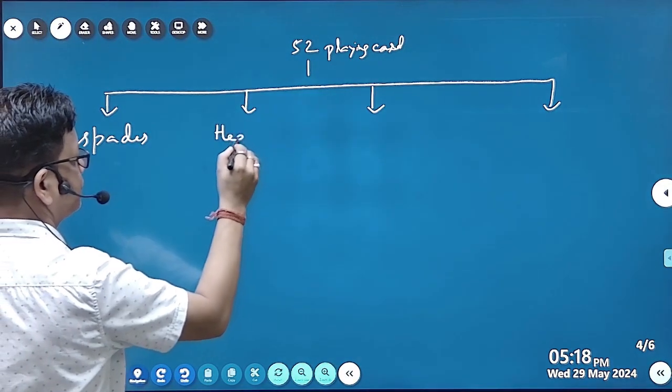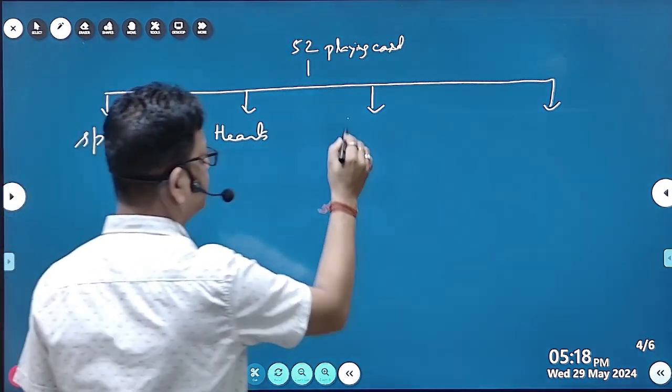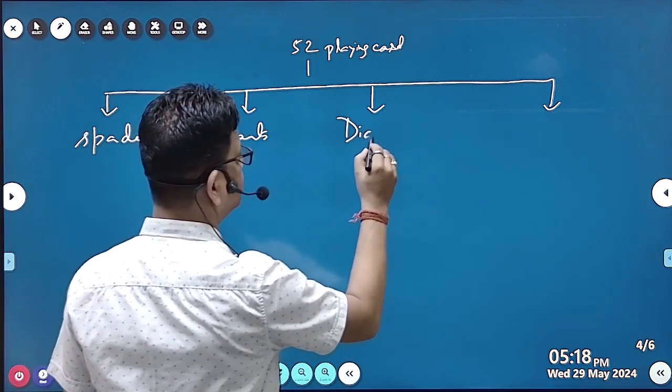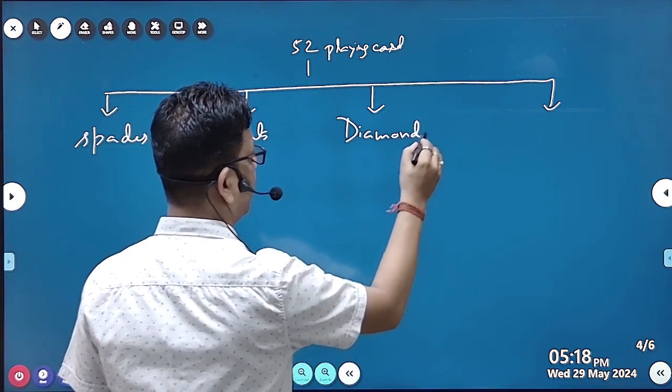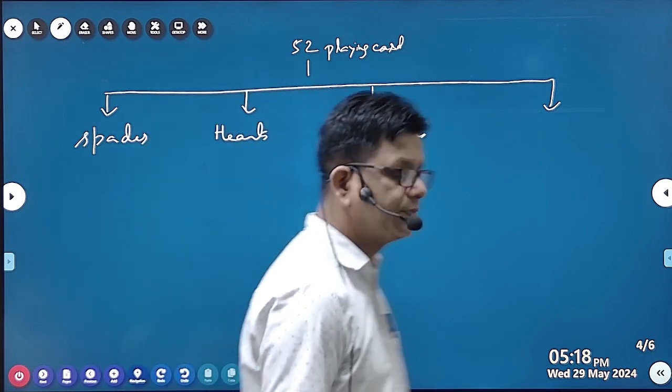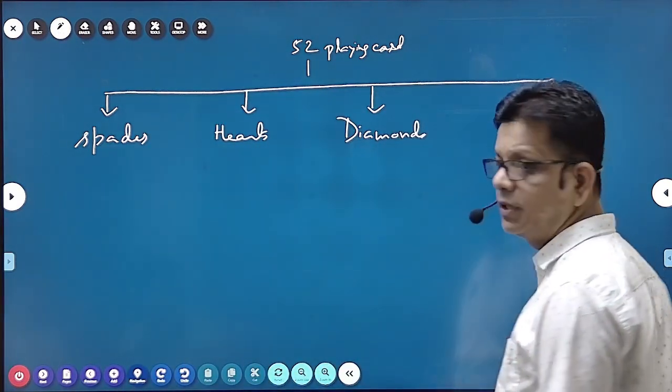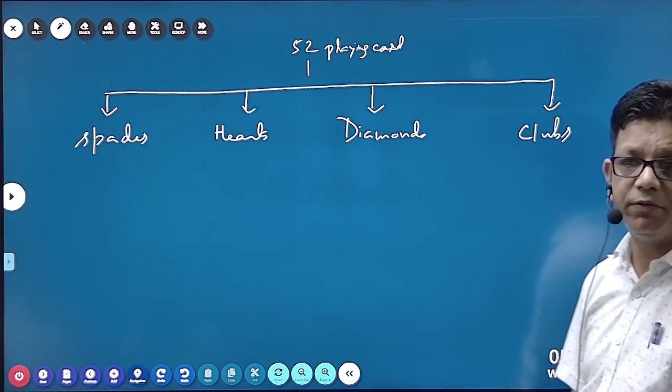Hearts, diamonds and clubs. Is it okay? So these are 4 equal categories.